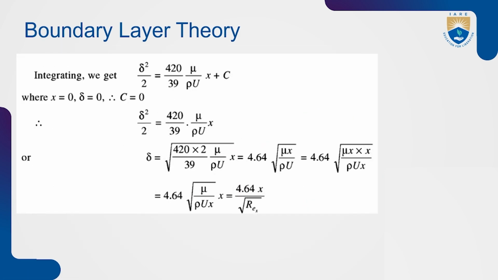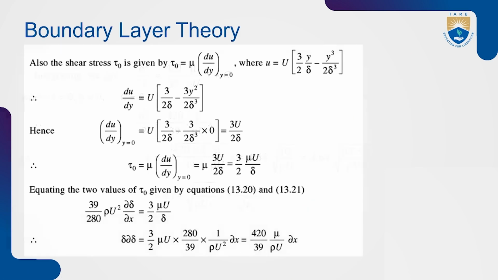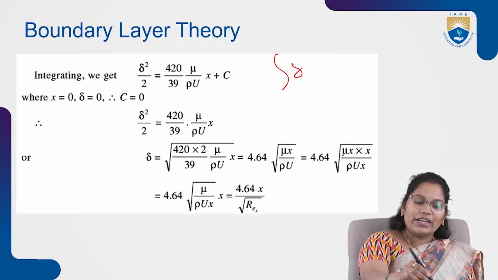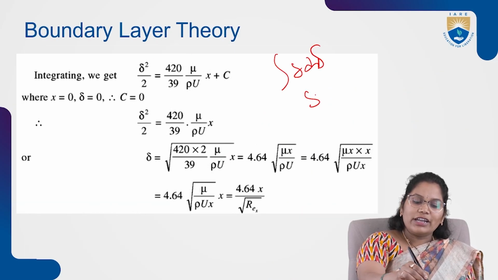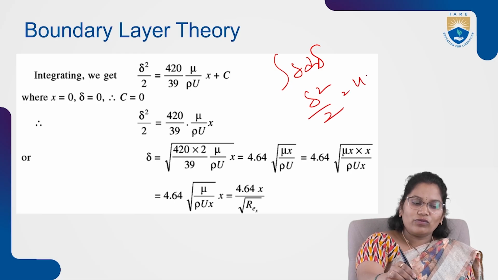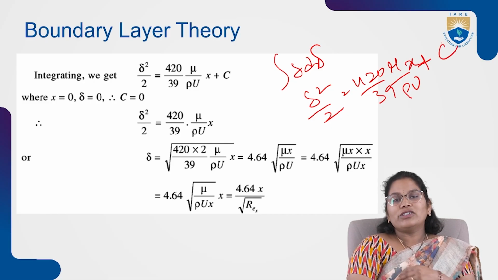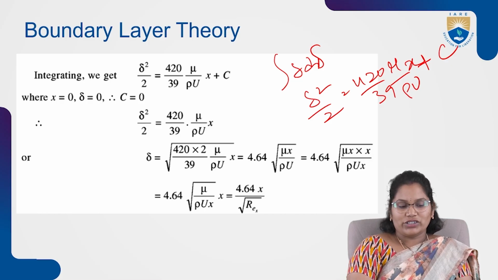Right? So when you integrate this equation, you will get delta square. Integration of delta d delta is delta square by 2, that is equal to 140 by 13 mu by rho U times x plus c, where c is the constant of integration.